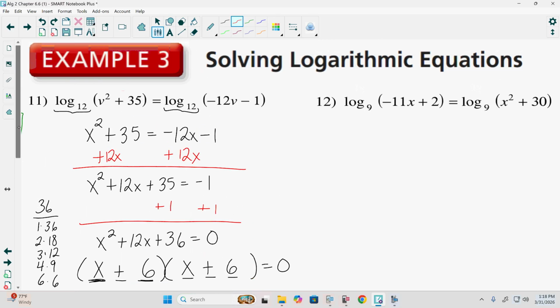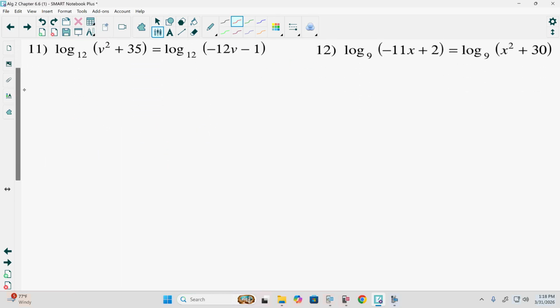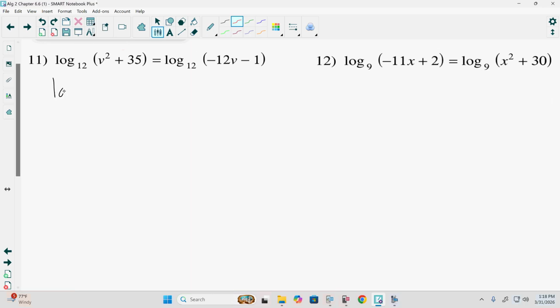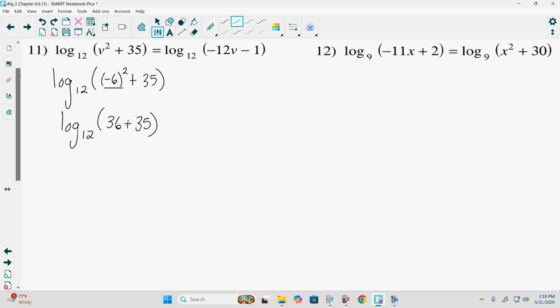All right, I'm going to erase all this. Let's look at the left side, because we have log base 12 of negative 6 squared plus 35. Negative 6 squared, negative 6 times negative 6 is positive 36.